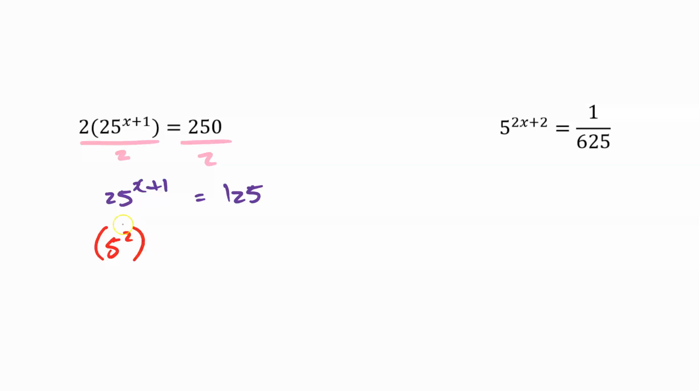That's 25, right? Don't forget the x plus 1, still in play, is equal to, and this is 5 cubed, because 5 times 5 is 25, times 5 again will give you 125. Okay?